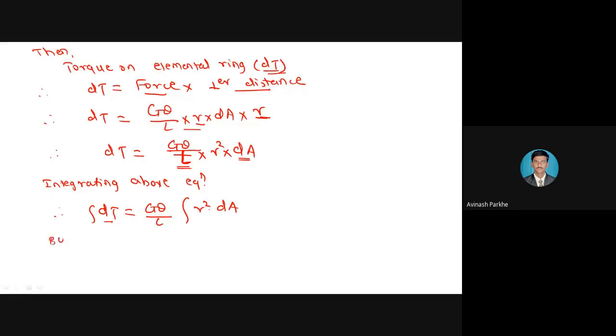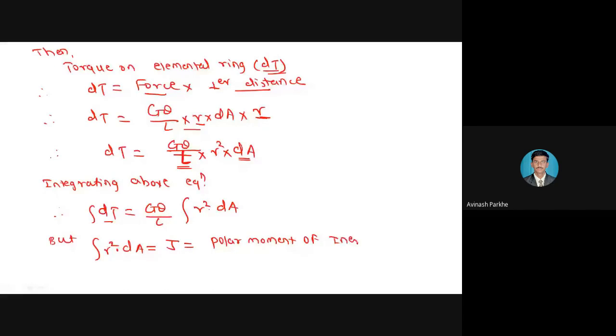The integration of r square into dA is equal to J, the polar moment of inertia. This is a direct value.